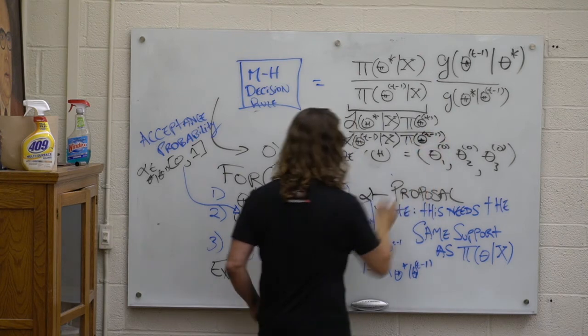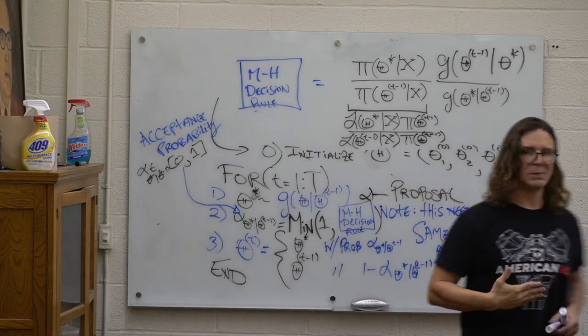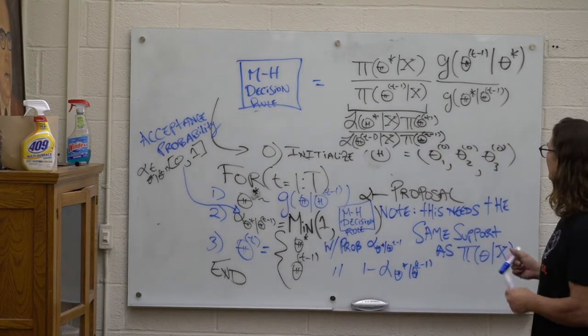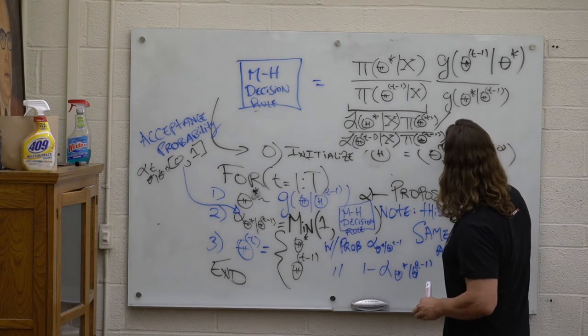So the Metropolis decision rule requires you to do some evaluations, but that's to be distinguished from sampling, which is very different.